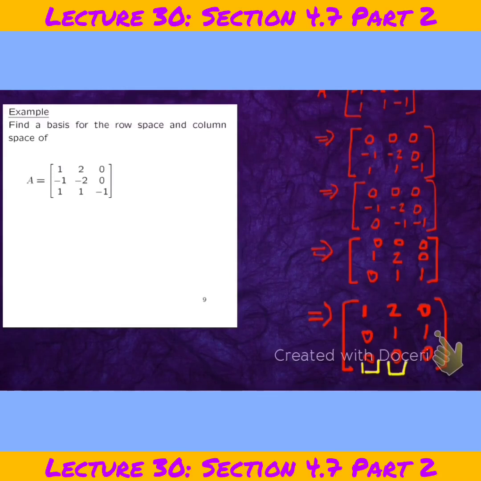Okay, so remember what we said. How we find the basis for the column space is that we need to go back to my original matrix and basically select the first column and the second column. So therefore the basis for my column space, let's call that B_C.